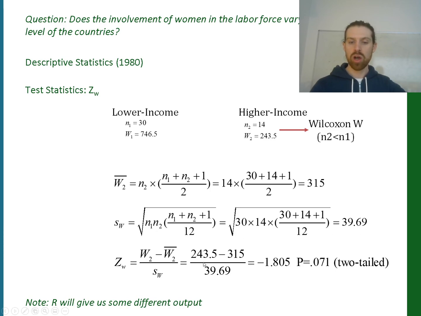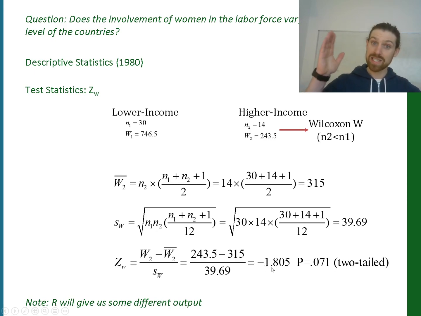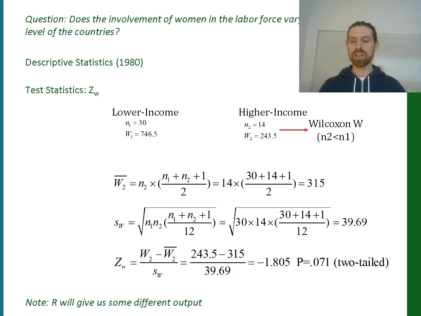We can then finish this and obtain the test statistic of minus 1.805, and that's standard deviations below the mean. When we get the p-value for that test statistic, we get a p-value of 0.071. It's two-tailed, it's not below 0.05, and therefore we do not have a significant result.